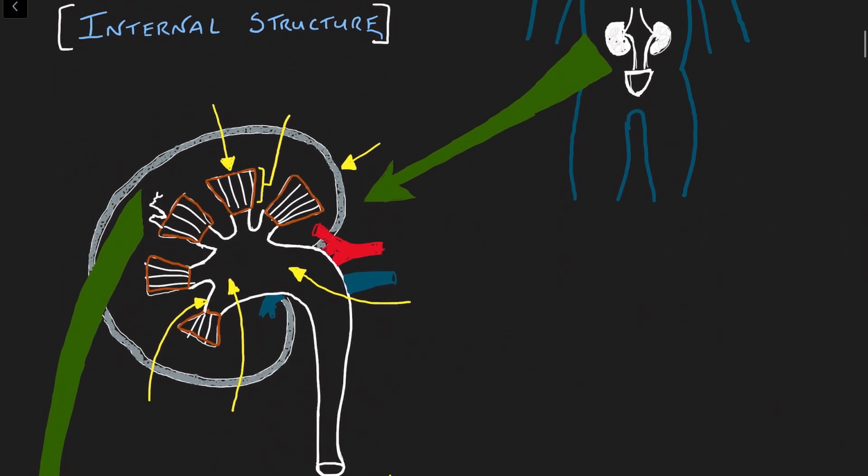From this picture of the kidney I drew out earlier, you can see the various internal structures that form the kidney. So on top over here you've got the renal capsule. Here you have the renal medulla and pyramids.